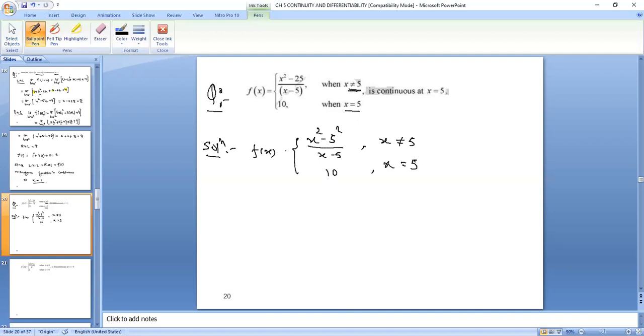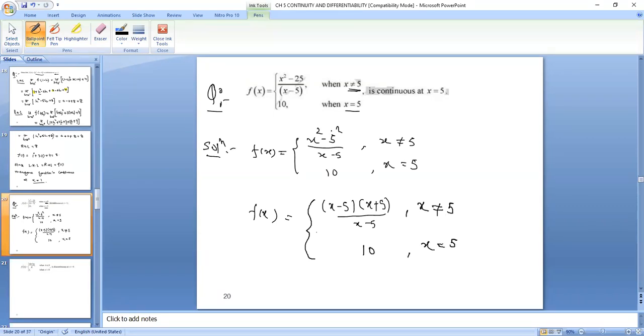So f of x in the next step will become x square minus 5 square, which is x minus 5 into x plus 5 upon x minus 5. So a square minus b square is a minus b into a plus b. So it will be x minus 5 into x plus 5 upon x minus 5 when x is not equal to 5, and 10 when x is equal to 5.